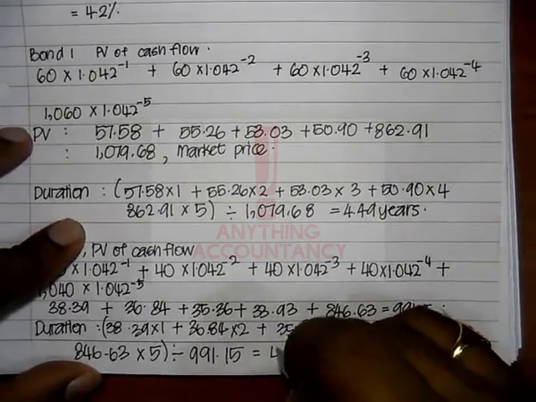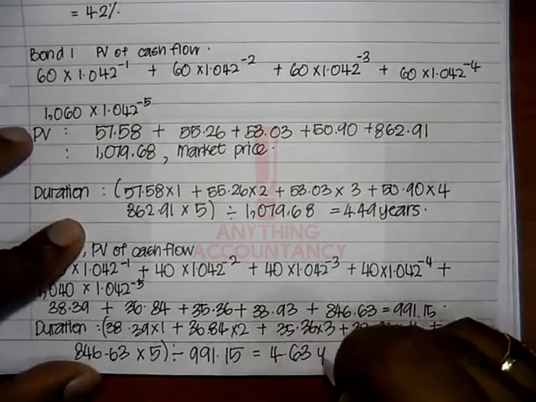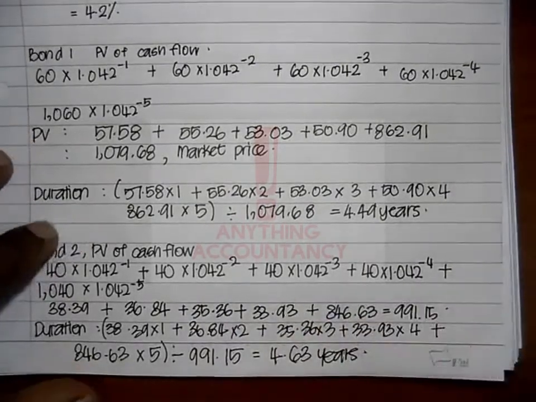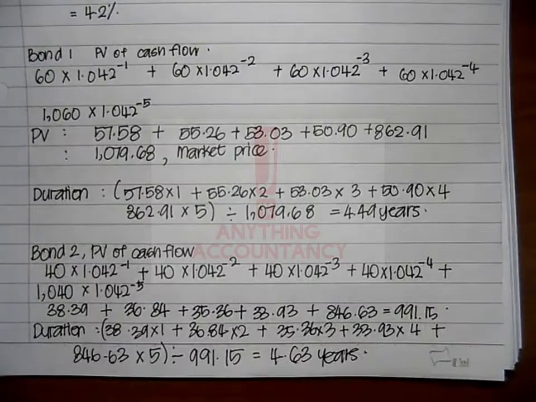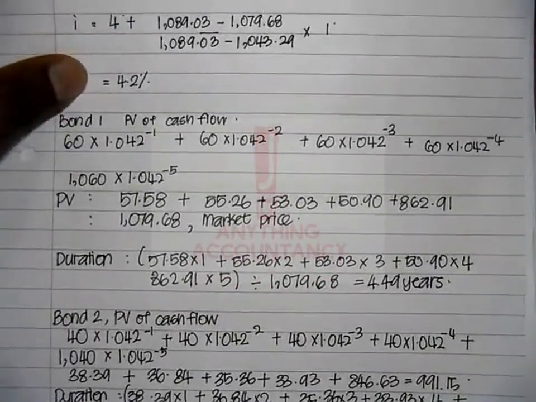You get 4.63 years. Okay, so that's basically the calculation of the duration.